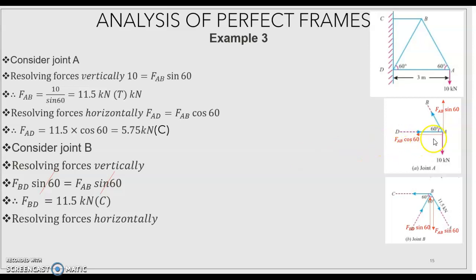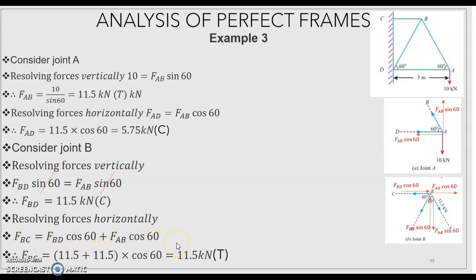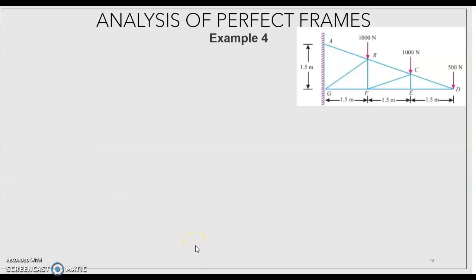Then resolve horizontally: the horizontal force in BC, the horizontal component of FBD cos 60 and the horizontal component of AB, FAB cos 60. So FBC is equal to FBD cos 60 plus FAB cos 60. Substituting the values of FBD and FAB, we get 11.5 kilonewton tension.